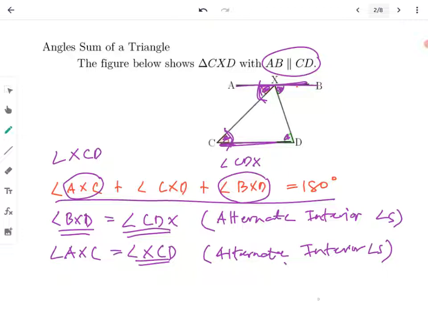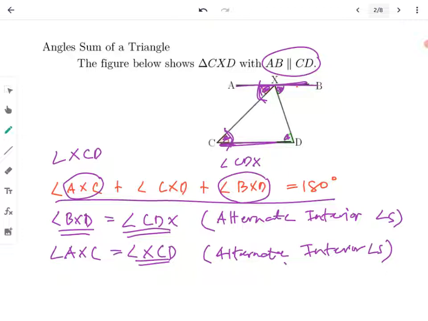We are allowed to do that by substitution, since they are equal, and we proved they are equal because they are alternate interior angles, using concepts we discussed before.